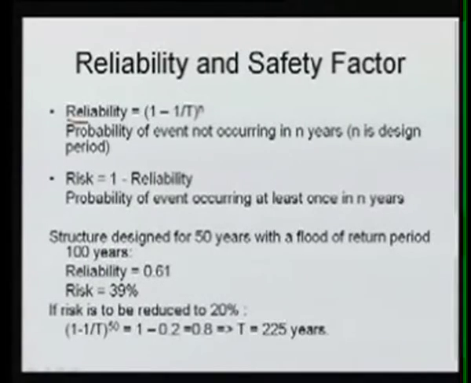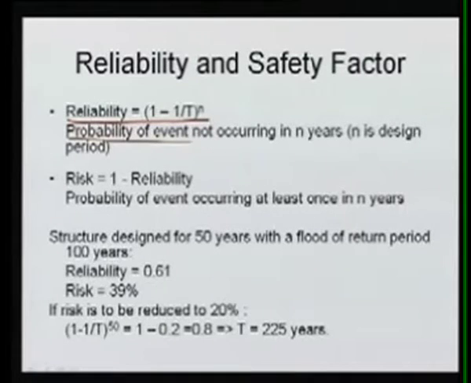So for example, suppose we design a structure with a useful life of 50 years and we design it for a 100-year flood, what will be its reliability, or what is the chance that it will not fail in the next 50 years? That is what we call the reliability, the probability of the event not occurring in n years, where n is the design period.